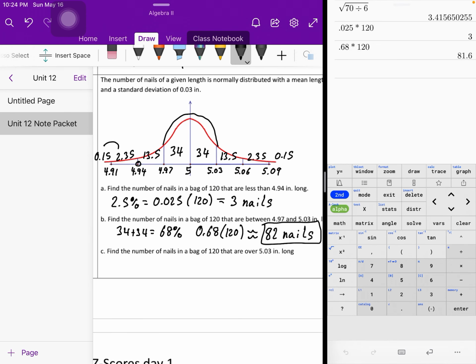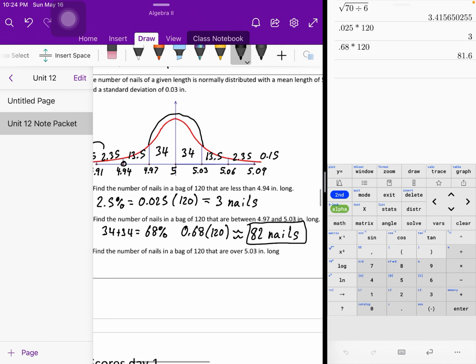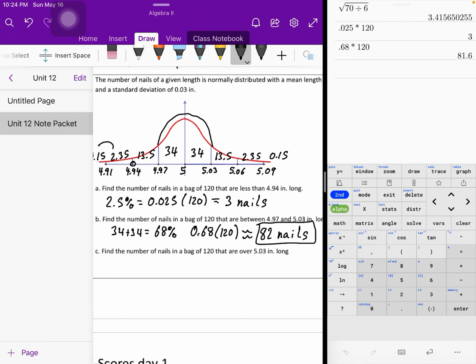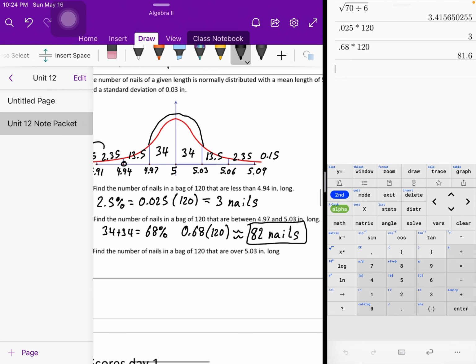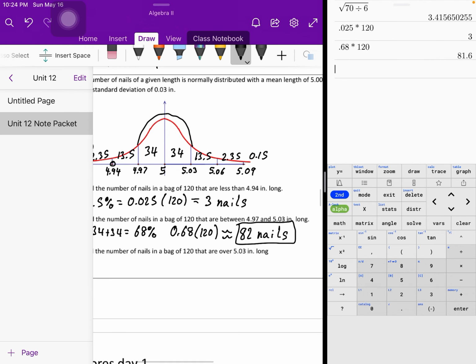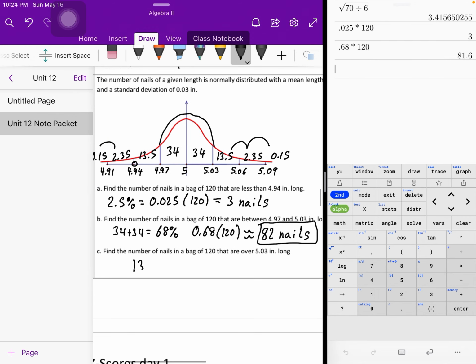And then the last one, find the number of nails in a bag of 120 that are over 5.03. So with this one, the easiest way to do this part is to think of what these 3 added together would be. So it's going to end up being 13.5 plus 2.35 plus 0.15, which is 16%.